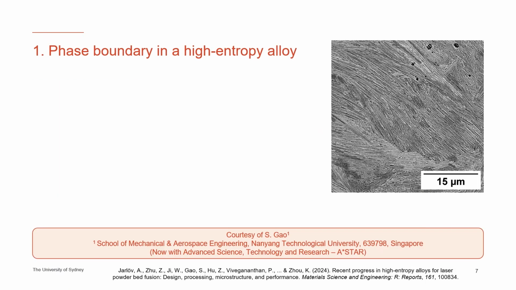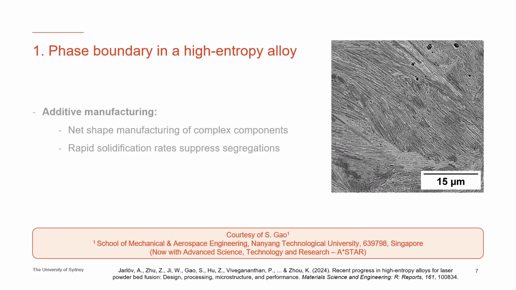The first case study I would like to share is on the phase boundary characterization of a high entropy alloy that's been produced by additive manufacturing. Through this manufacturing route, it is possible to produce near net-shaped components which can be complex in their geometry. Rapid solidification rates allow the suppression of micro and macro segregations.